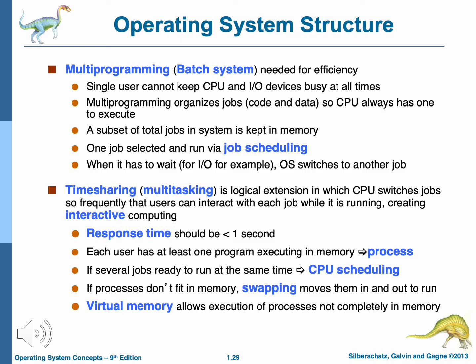When that job needs to wait, the CPU switches to another job, and so on. Eventually, the first job finishes waiting and gets the CPU back. As long as at least one job needs to execute, the CPU is never idle.